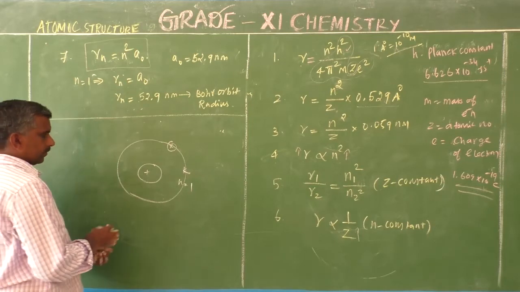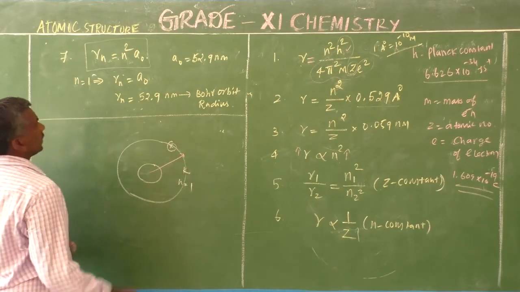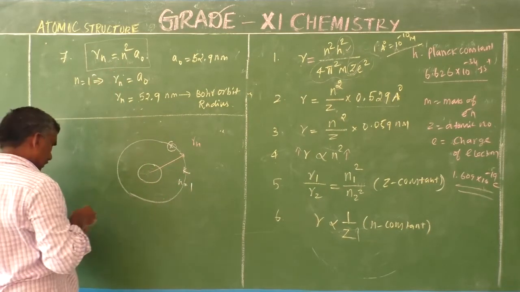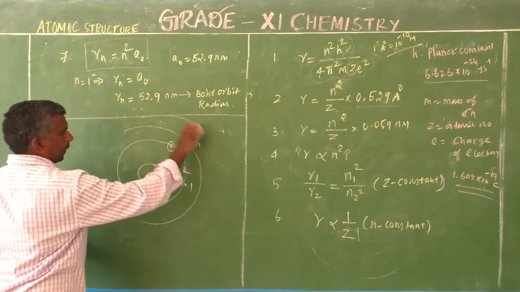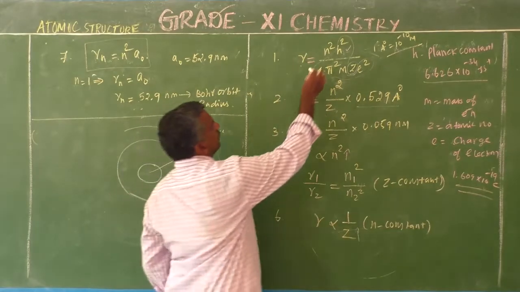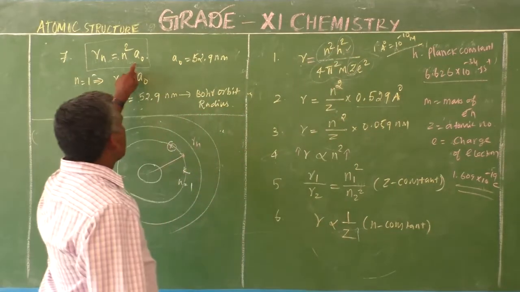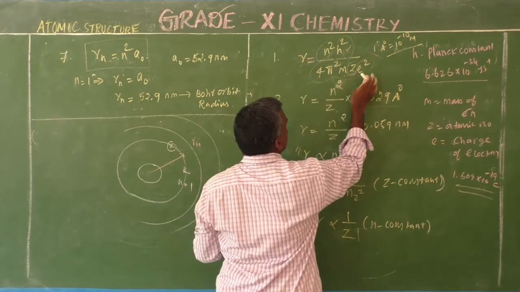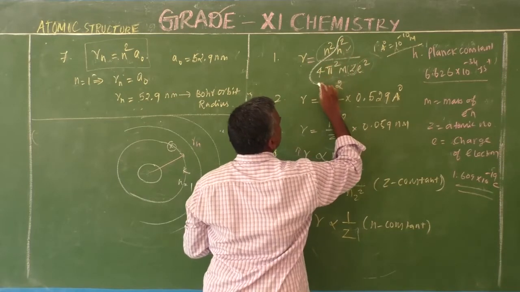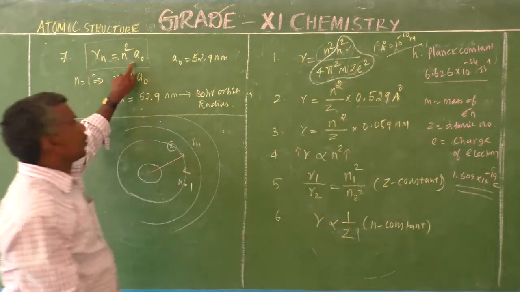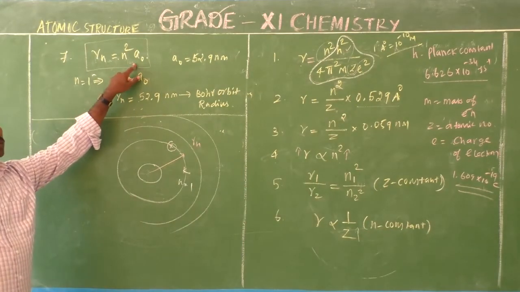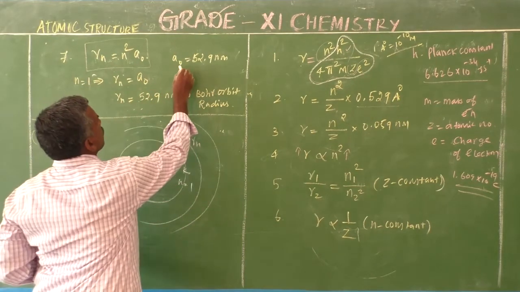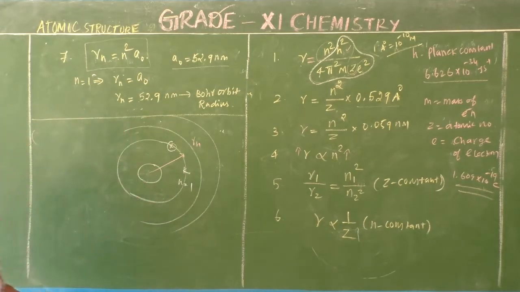This radius is Rn, which equals n squared times a0, where a0 is h squared by 4 pi squared m e squared. This term is a0, and its value is 52.9 nanometer.